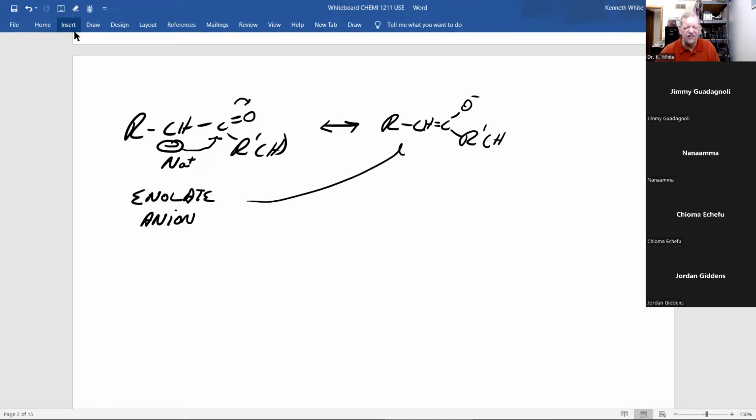And these are the two resonance forms of the enolate anion, which makes it stable, which is why you can pull that proton off. It loses H plus to form a stable anion. Alcohols can't do that, alkanes, alkenes, whatever. Enolate can be done with the ketone and aldehyde.